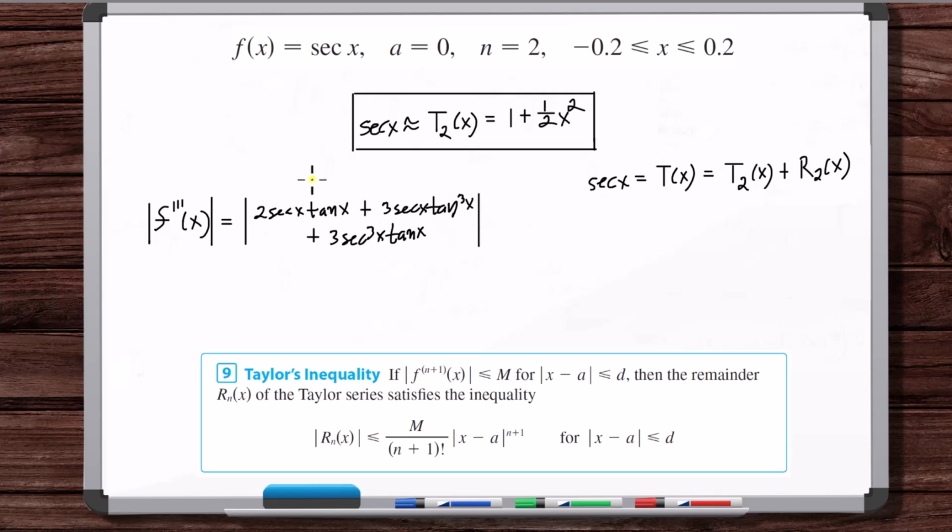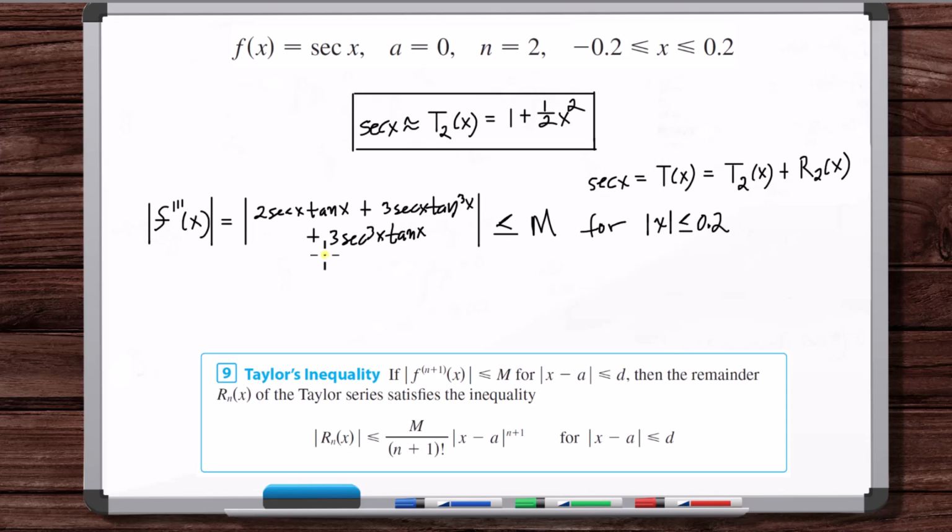Okay, so this function here, the absolute value of the f triple prime of x, is this less than or equal to some number M, where a is 0 and the absolute value of x is less than or equal to 0.2, right? These mean the exact same thing. Okay, well, how do we answer this question?